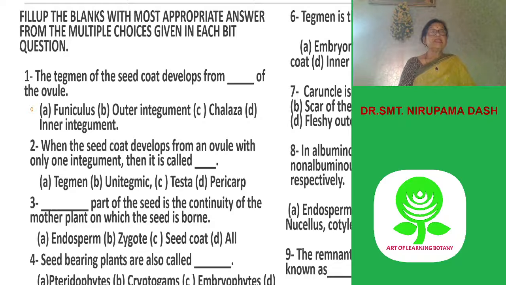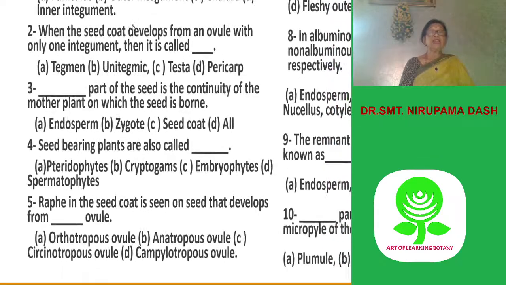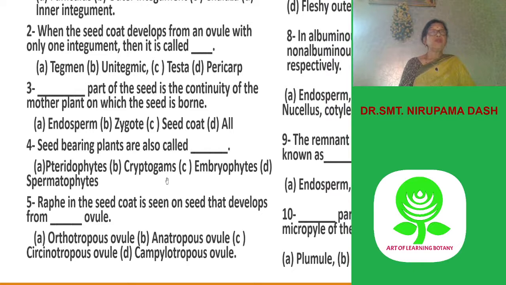The correct answer is inner integument, that is D. Then second question, when the seed coat develops from an ovule with one integument, it is called dash: tegmen, unitegmic, testa, pericarp. Here the correct answer is testa, and that is C.